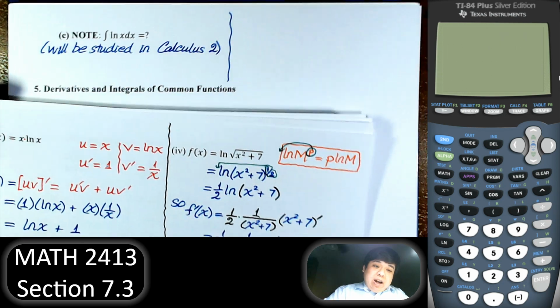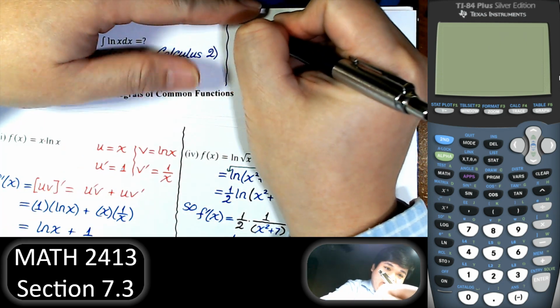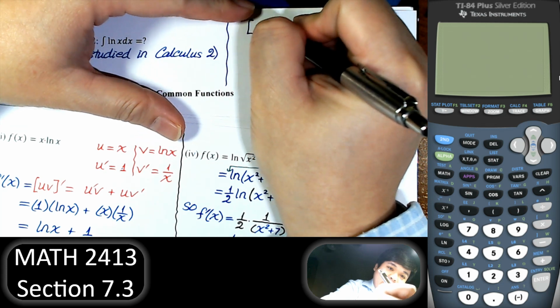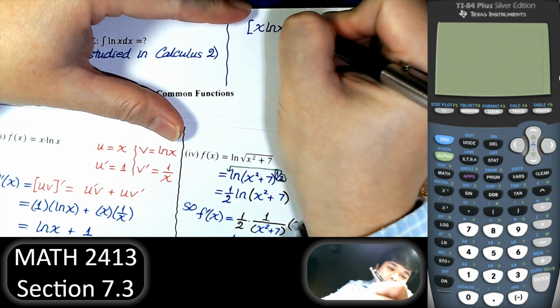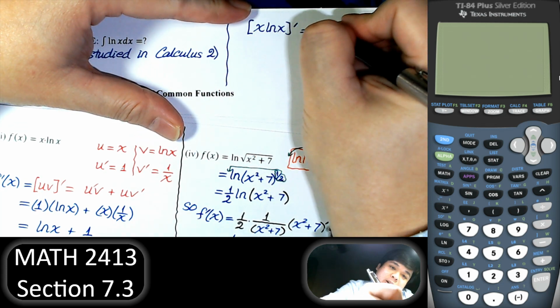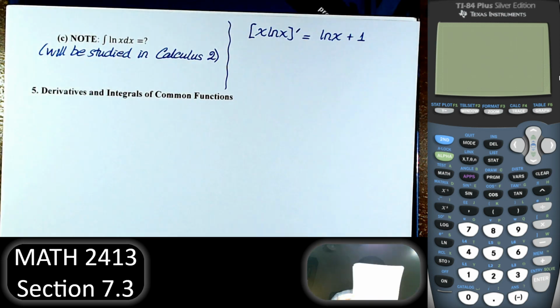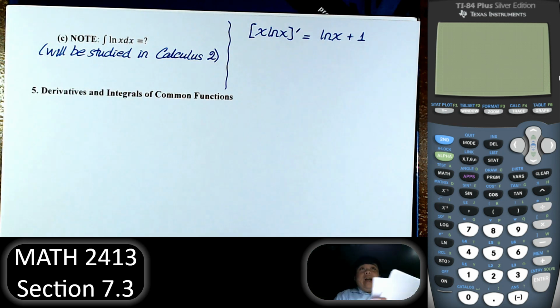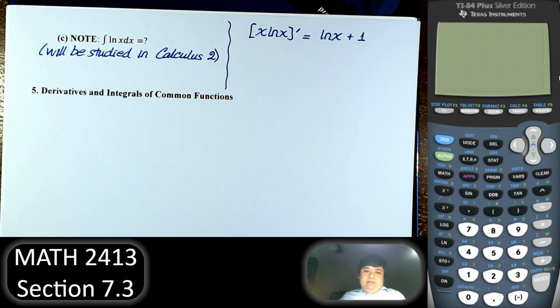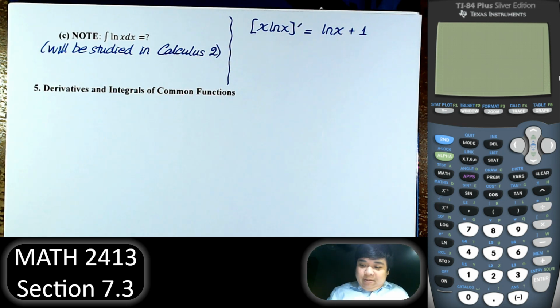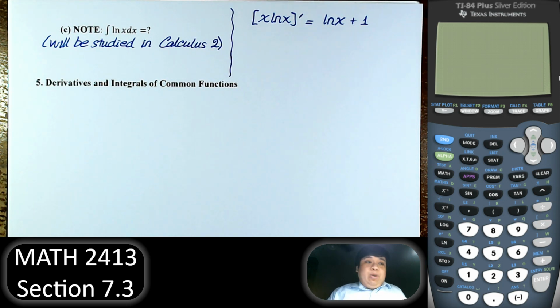So let's just write it out. We have x ln of x. We took the derivative, and that gives us ln of x plus 1. Yeah, so that's what we have from the previous section. So how did that help? Well, we can integrate both sides, right?